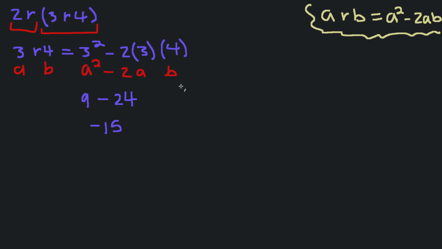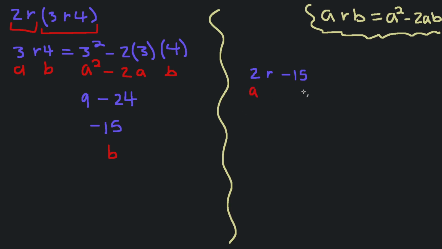That's the parentheses. So let's move on and do the second part of this. What this does is this gives us our b for our second equation here. So now we get to rewrite this equation as 2 ⊗ -15, and this is a, and this is b.